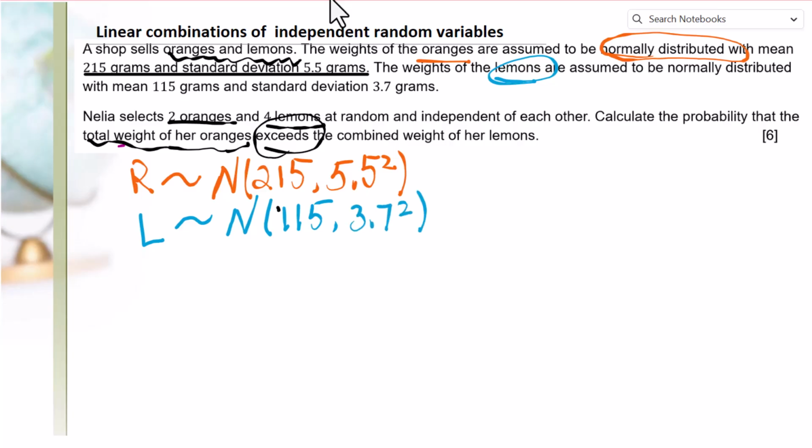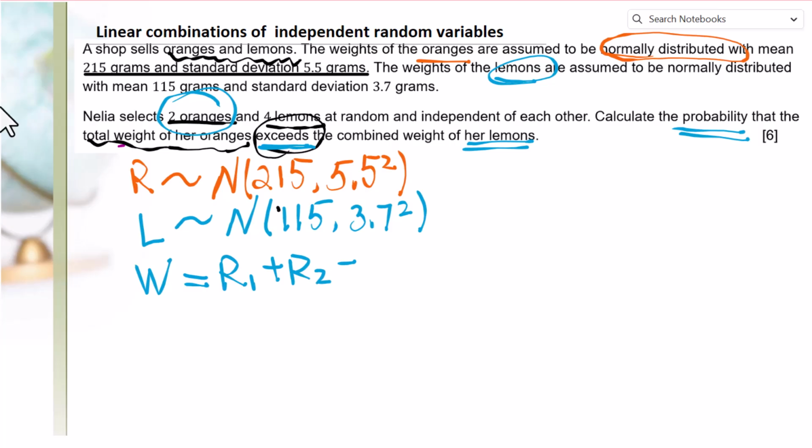We want to figure out the probability that the total weight of her oranges exceeds the combined weight of her lemons. Make W equal R1 plus R2, then minus L1 minus L2 minus L3 minus L4.